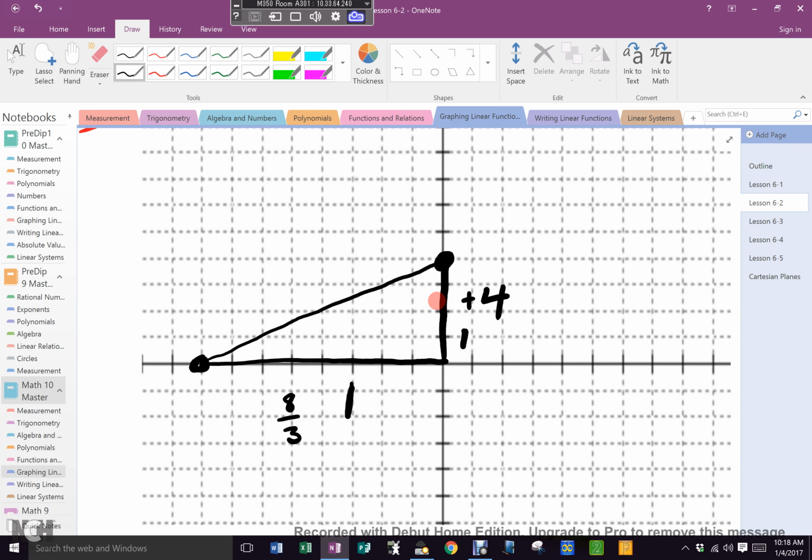Sometimes you have like 1,000 years on a graph, but you don't have 1,000 little dots, do you? They go up by hundreds or 200s or 300s. Understand? That's why I'm showing you this. You have to be aware that even though the scales are changed, it is still rise over run, but it's the actual rise and the actual run, not what you count on the graph. Do you all see that?